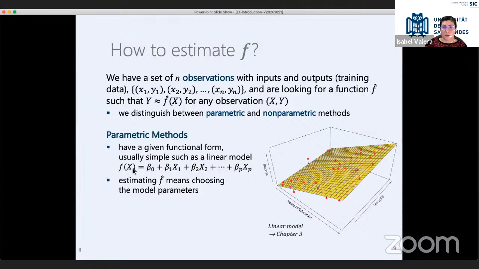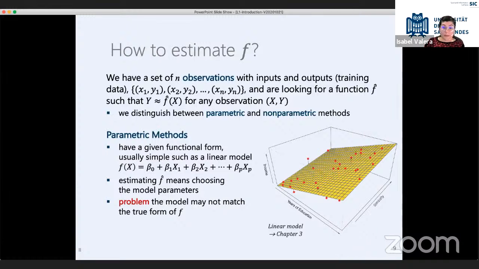So if we assume that the function from x to the output is linear, of this form, and I'm given a set of x's and y's, everything I need to do is learn what are the beta values that best go from x to y.